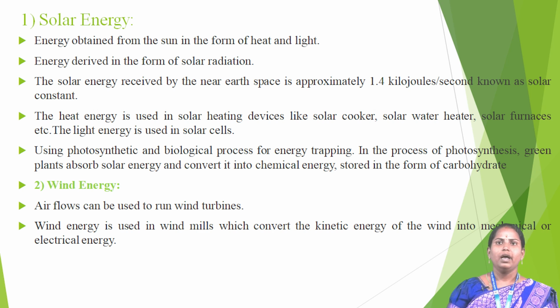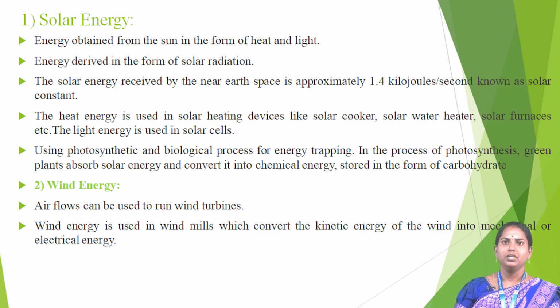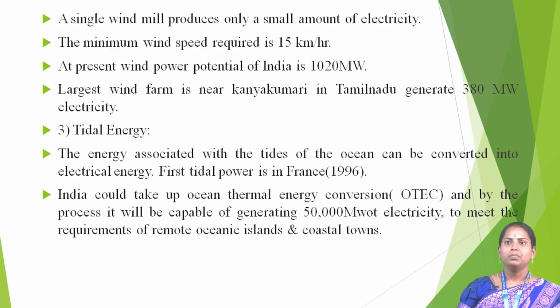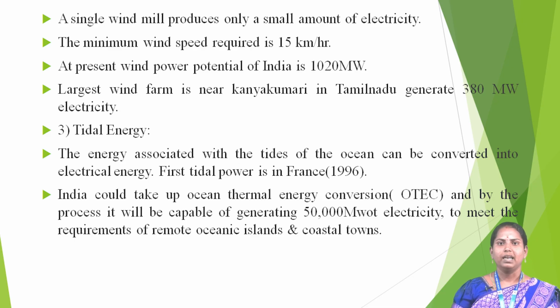Wind energy. Air flows can be used to run wind turbines. Wind energy is used in windmills, which convert the kinetic energy of the wind into mechanical or electrical energy. A single windmill provides only a small amount of electricity. A large number of windmills in a large area are coupled together to produce more electricity in a windmill farm.